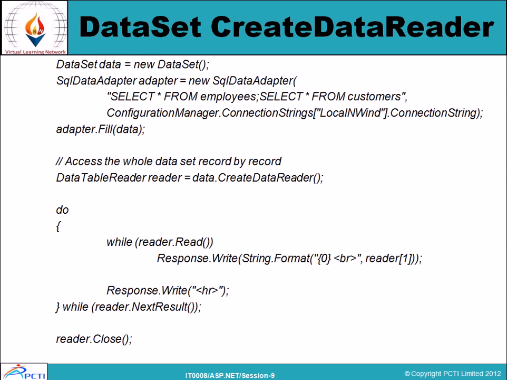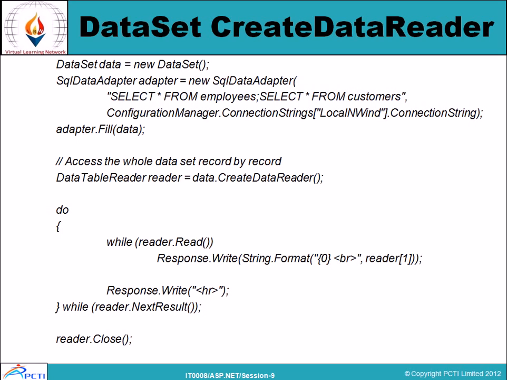Here we have included the data from two different tables. ConfigurationManager.ConnectionStrings, local nwind connection string, adapter.Fill(data). It will access the whole data set record by record. DataTableReader reader is equal to data.CreateDataReader.